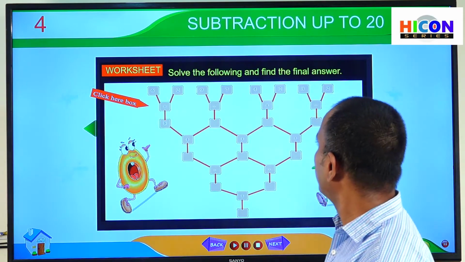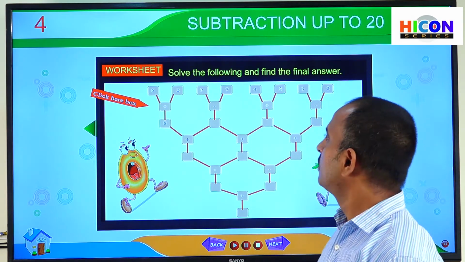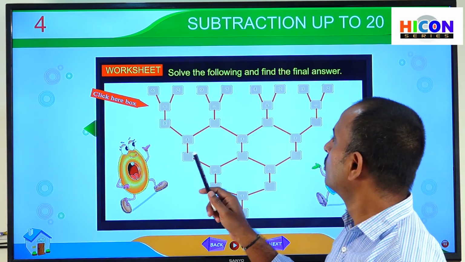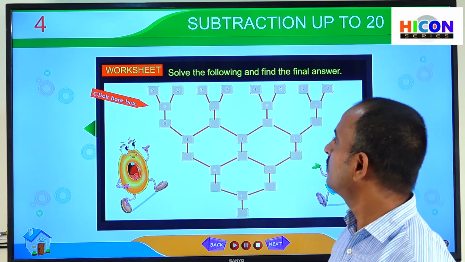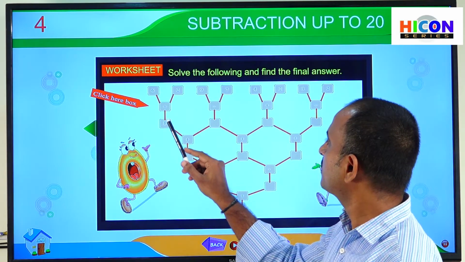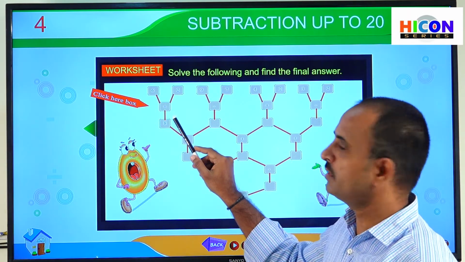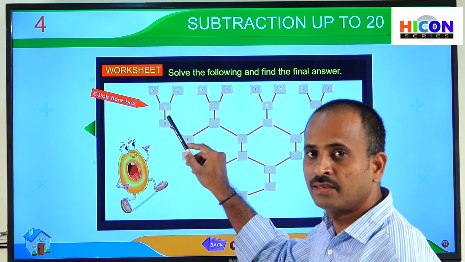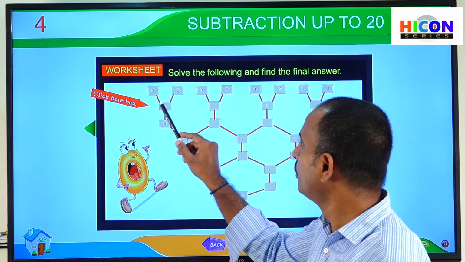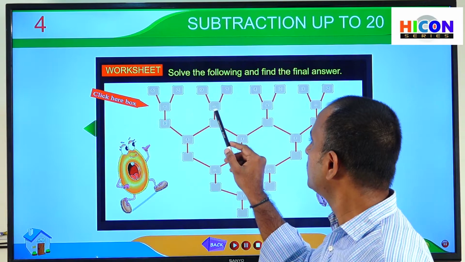If you observe this worksheet carefully, it is based on both addition and subtraction. Observe the symbols carefully. What is this symbol called? Do you remember it from the previous chapter? The symbol is called plus. That means we have to do addition. What is this symbol called?